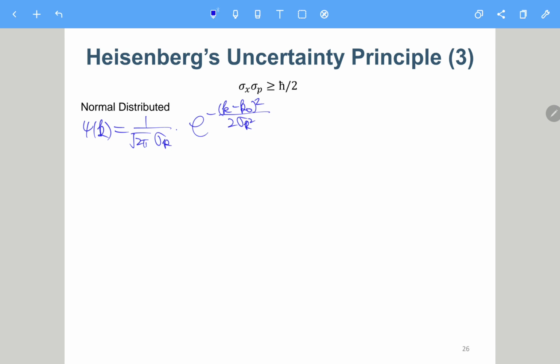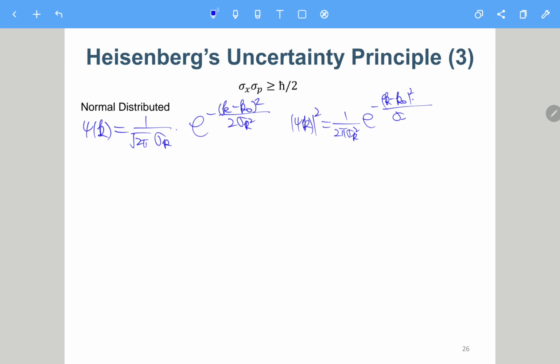If you take the absolute value and then take the square, it is actually still a normal distribution, which is like 1 over 2 pi sigma k square, and then exponential to minus (k minus k0) square, times 2, and then the 2 and 2 will just cancel each other.